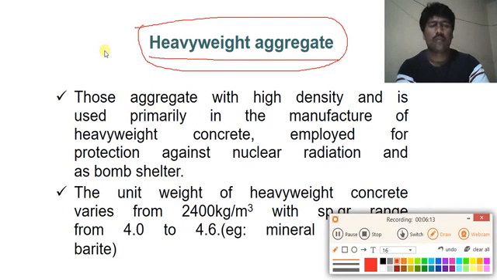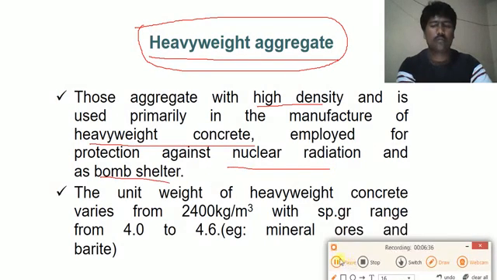So these aggregates have a very high density, since they are of very heavy weight, their density is very high and used primarily in the manufacturing of heavyweight concretes, and it is employed for protection against nuclear radiation and as a bomb shelter.